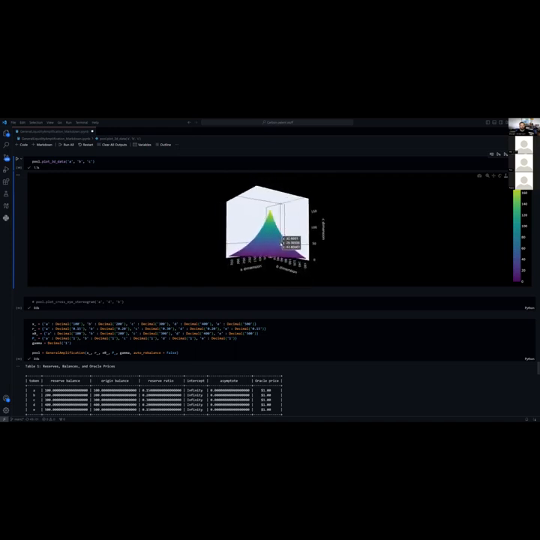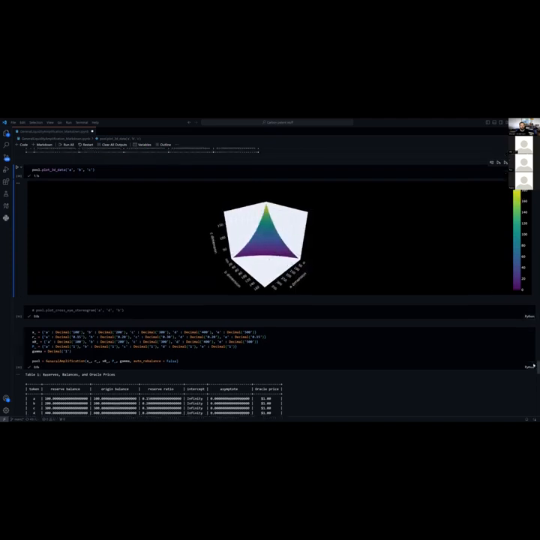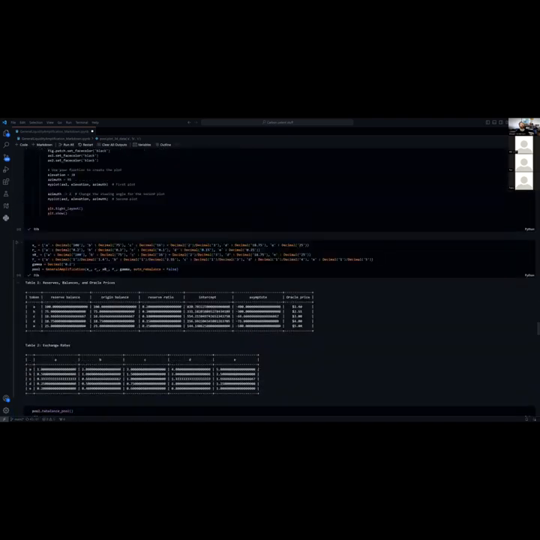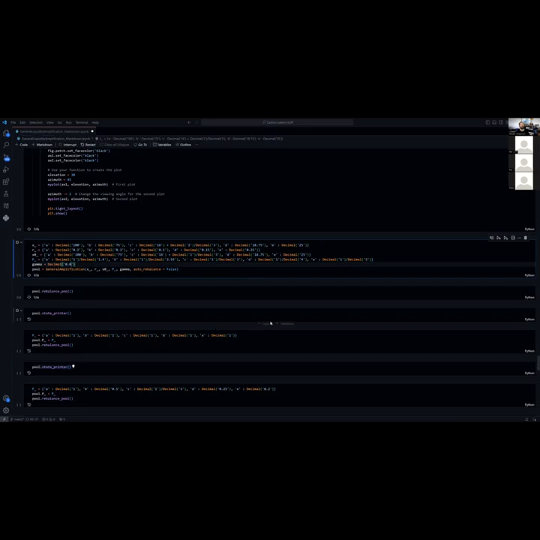But what do you think it would look like if we increase the amplification to infinity? Just quietly think to yourself, what would that actually be? Let's just run all the cells again.